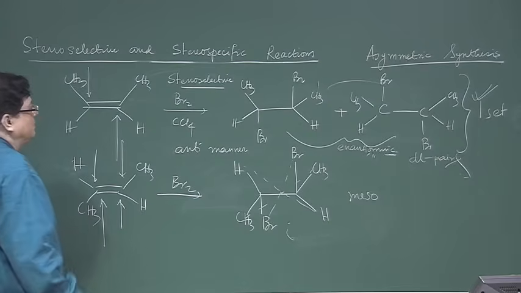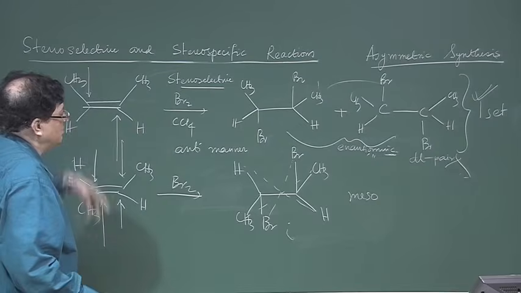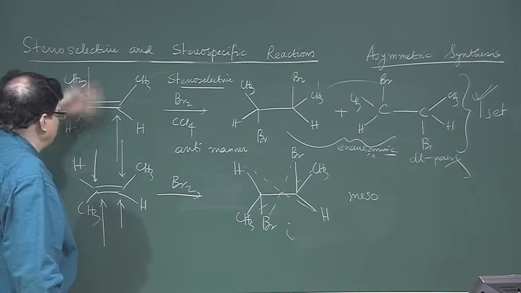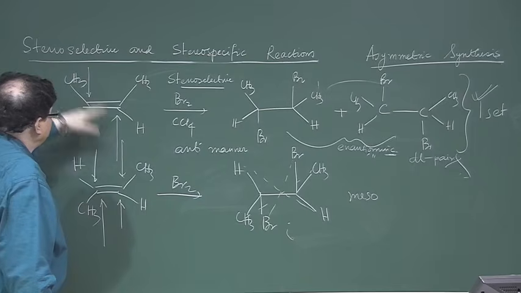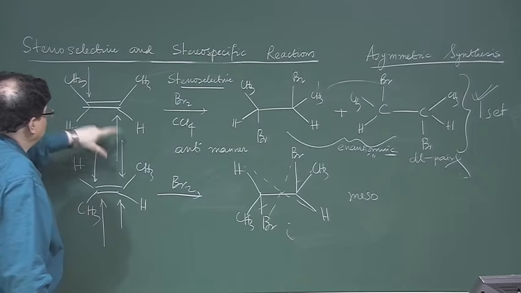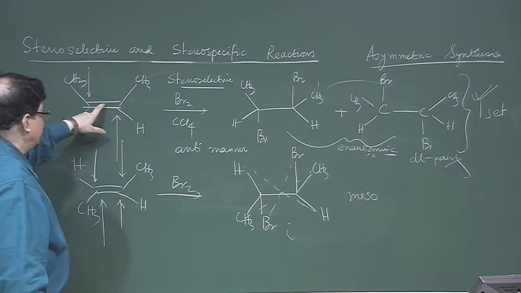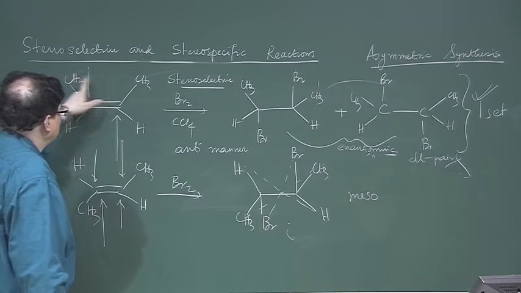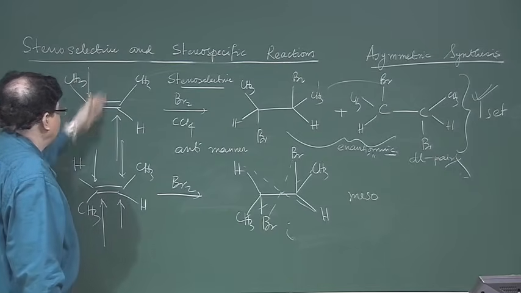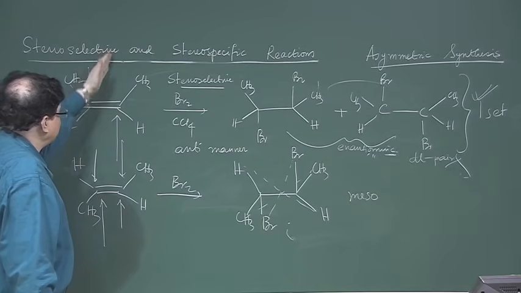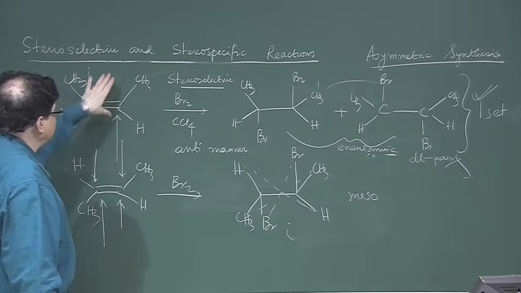Now, to see which reaction gives which product, there is a mnemonic device you can apply. Because the bromine adds from opposite sides, that will bring a center of symmetry at this point, but this molecule does not have i. It has sigma. So, if the bromines add from the same side, the sigma is retained, but the bromine is adding from the opposite side, so the sigma is disrupted.